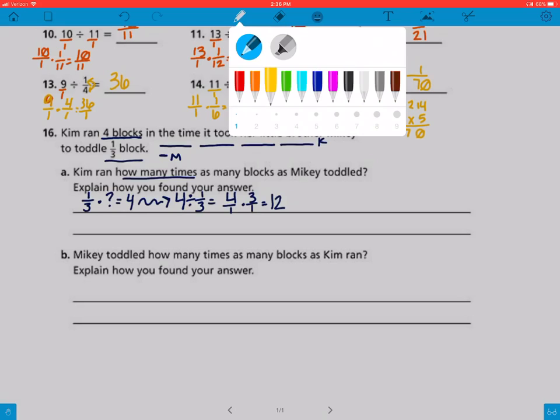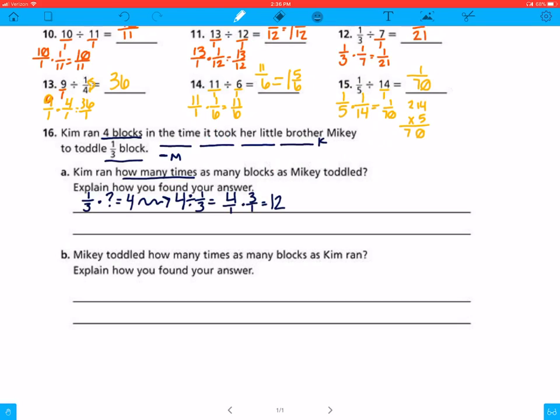Now if you look at my model, where I'm going to grab another color, and I'm going to draw how many thirds are in each block. So there are my 4 blocks, and I have 1, 2, 3, 4, 5, 6, 7, 8, 9, 10, 11, 12. In each block, I have 3 thirds, and I can count those up, and I have 3, 6, 9, 12. So there I have 12 right there.